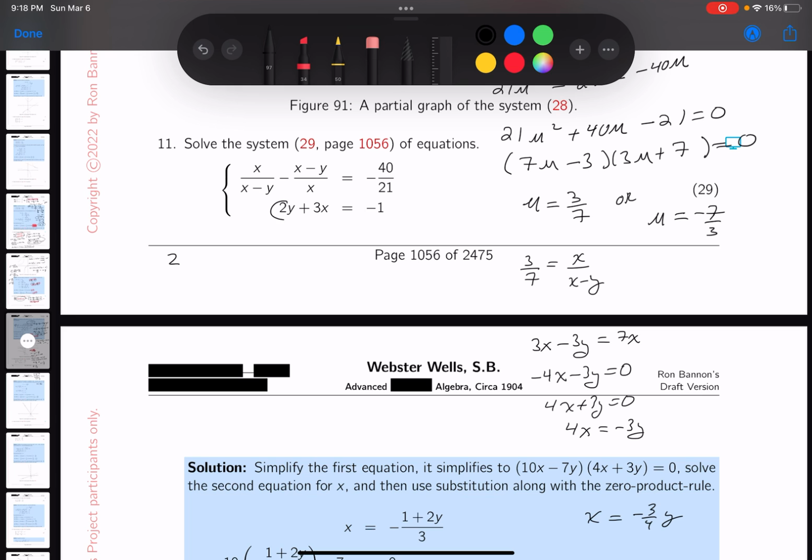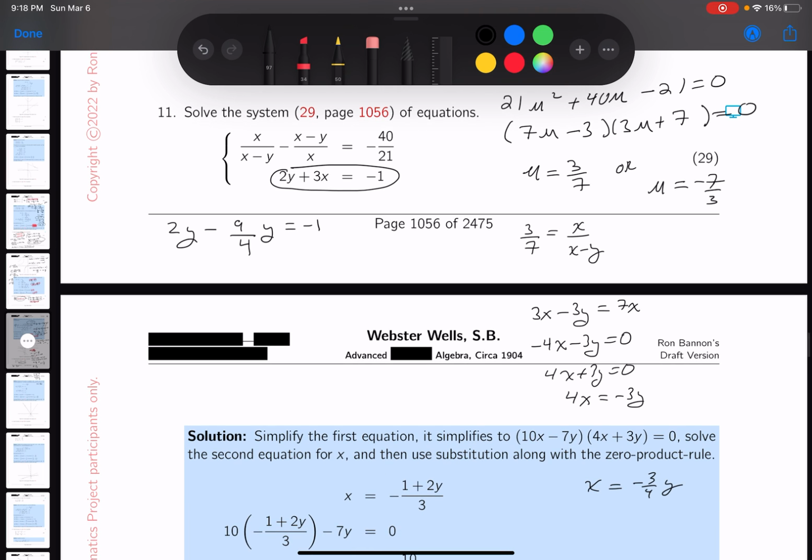All right? So let's go back up here and write this down. 2y, I'm using it here. 2y, let's see, that would be what? Minus 9/4 of a y equals minus 1. Well, I got to do something with this.